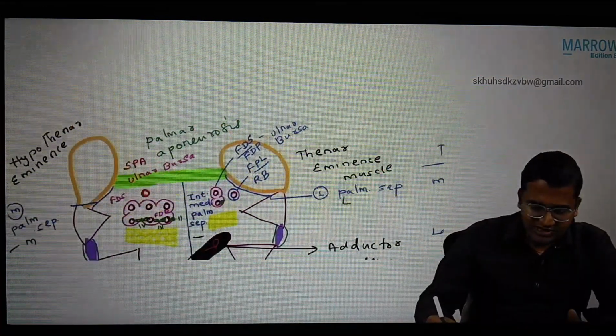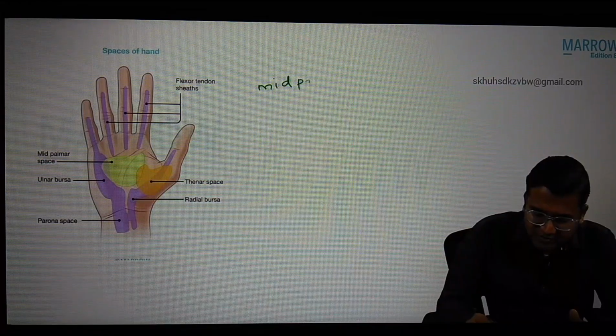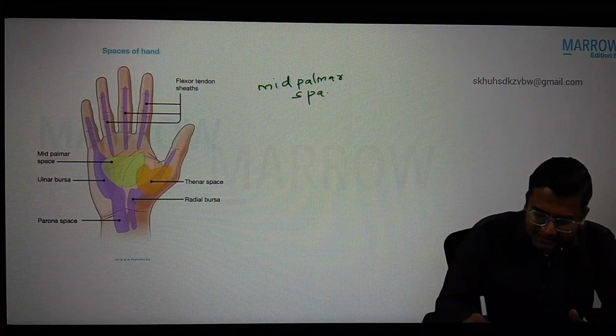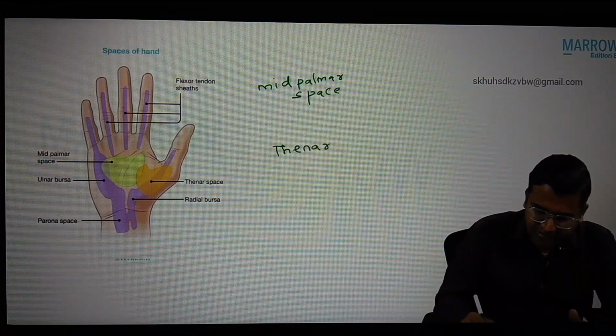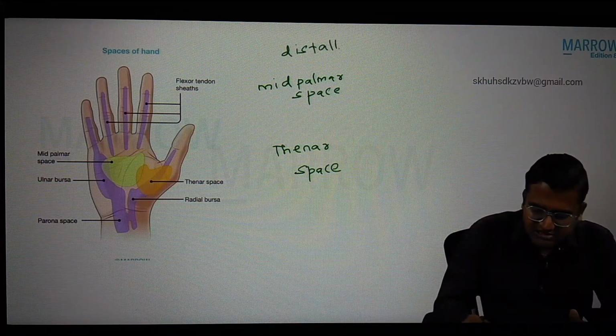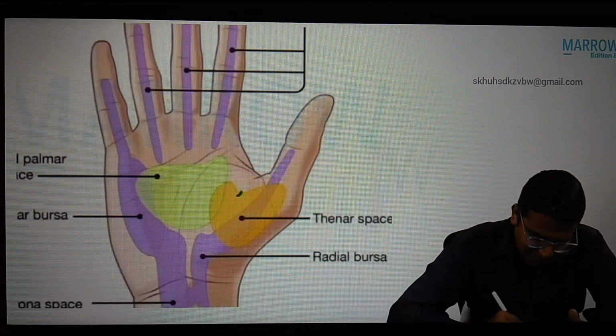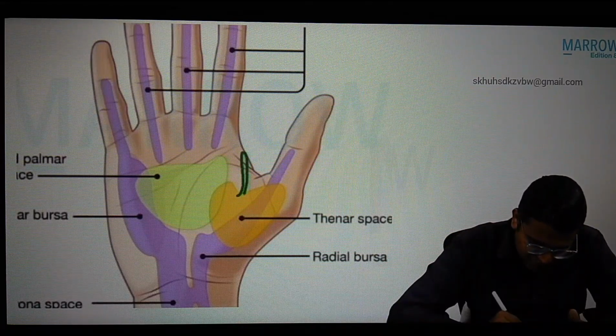So now see here, we're going to see the diagram of the mid-palmar space and the thenar space. Now distally, the communications are what we're going to see. Distally, the thenar space communicates with the first web space through the first lumbrical canal.